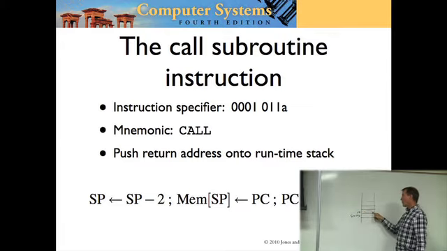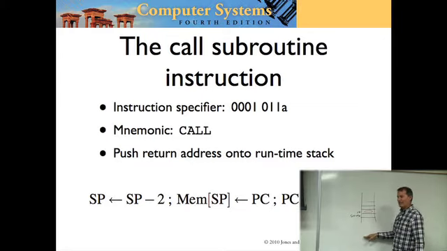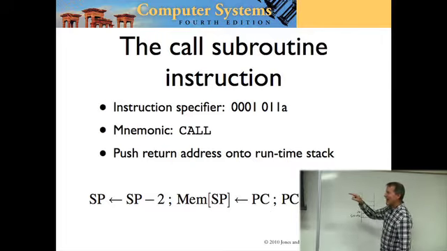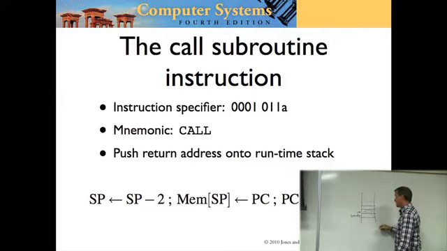Therefore, what is this address? It's the next instruction after the call. Are you with me? And it's going to put that on the runtime stack. And then what does it do? PC gets operand. So this saves where we were, and then the program counter gets to where we want to go. Doesn't that make sense?